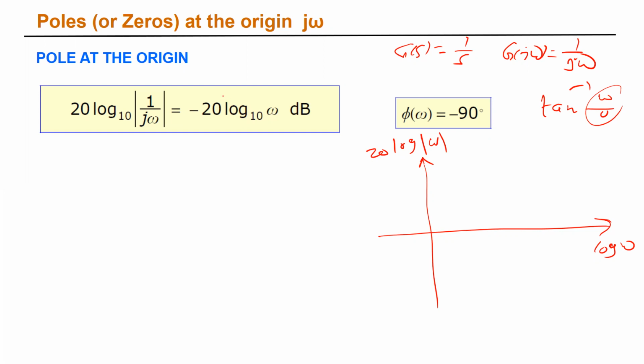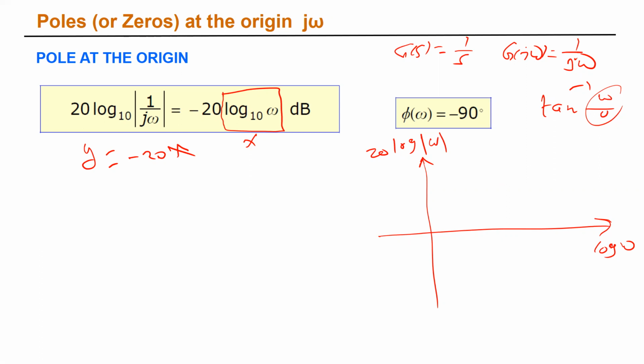So let me assume this is x. So y equals minus 20x. What do I have? I will have a straight line with a slope of minus 20. Any question here? Because my scale is log, that's why I'm using the semi-log graph paper.